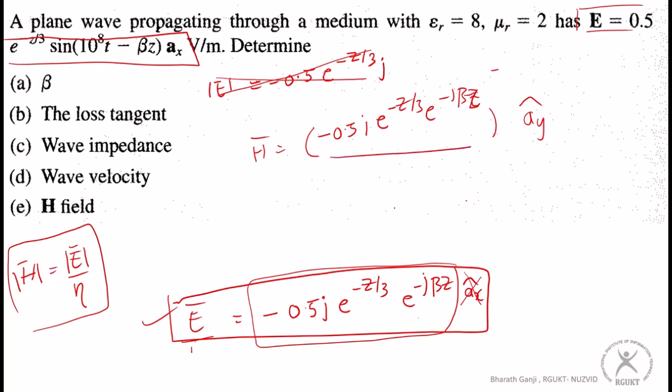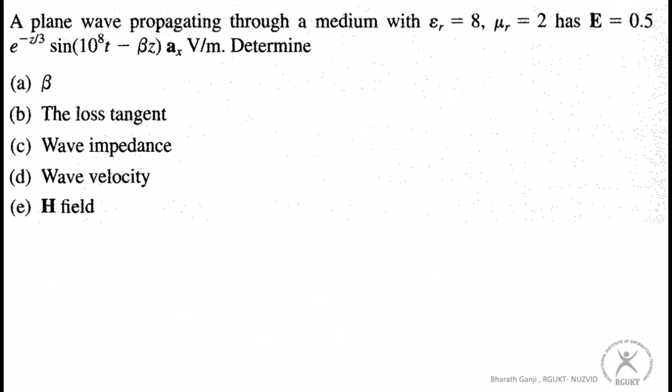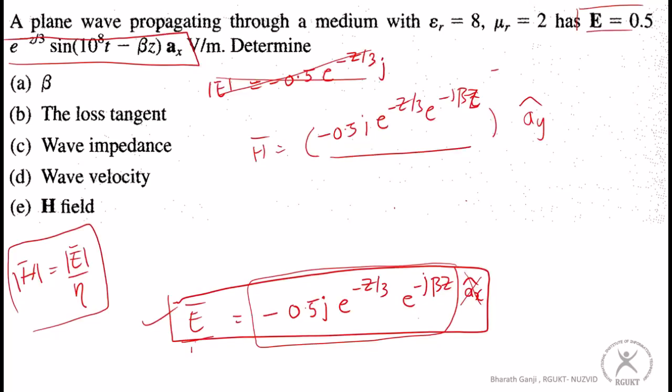Eta is what we got: 177.72 at an angle e^(j13.63 degrees). So this is your magnetic field, but the expression written here is not in time domain.